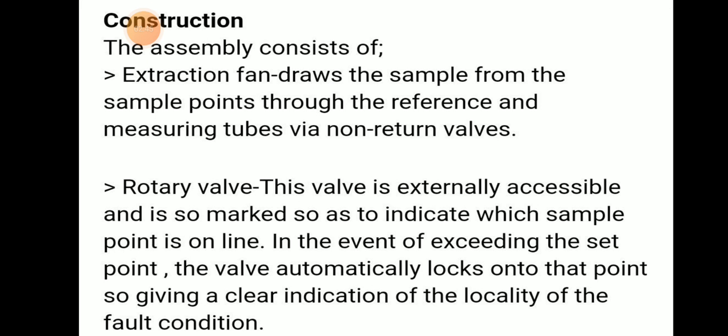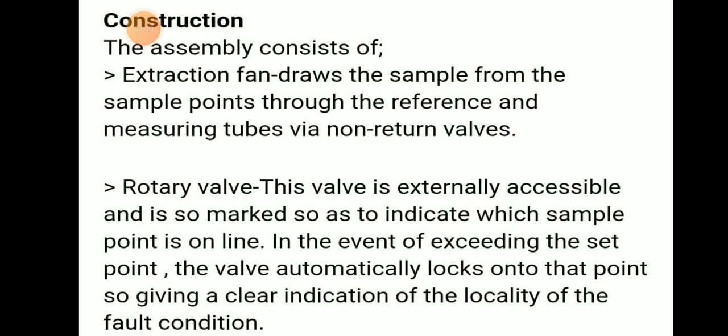Let's see the construction. The assembly consists of an extraction fan. The extraction fan will draw the sample from the sample point through the reference and measuring tubes via a non-detonate valve.